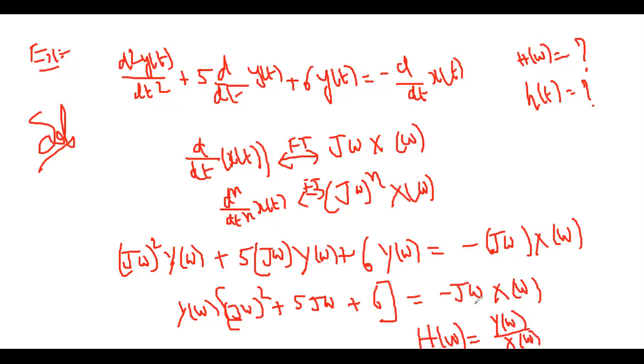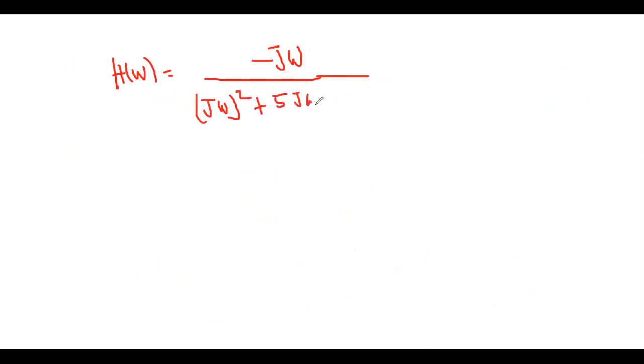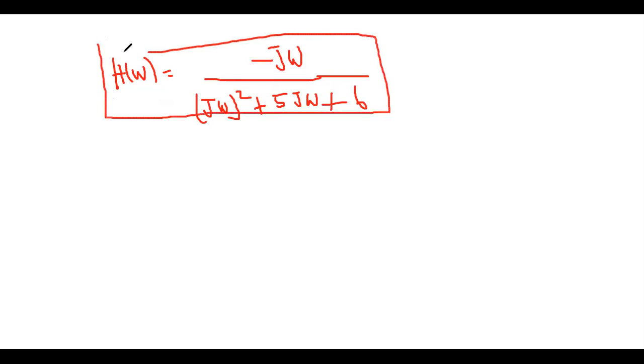So H of omega is equal to minus j omega divided by j omega whole square plus 5 j omega plus 6. So the first solution is completed. The H of omega is the frequency response, okay, my dear students.